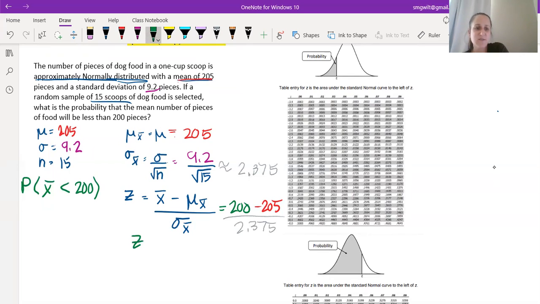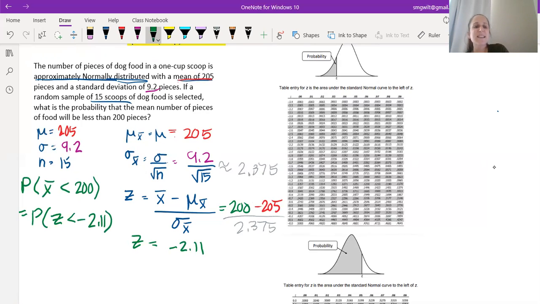And so this gives me that my z-score is negative 2.11. So that means that my probability that the mean is less than 200 is equivalent to finding the probability that the z-score is less than negative 2.11.